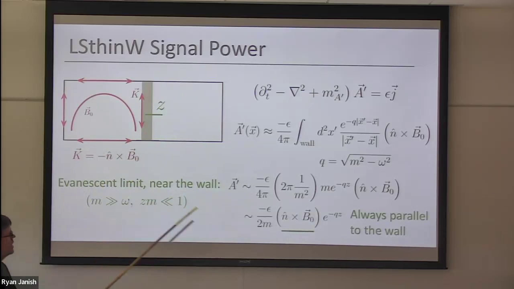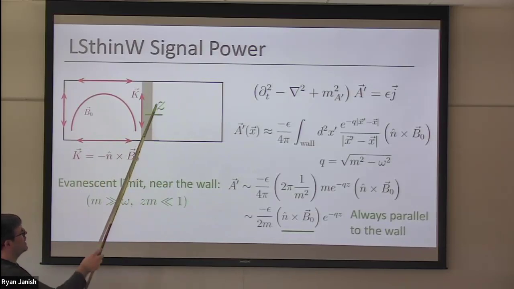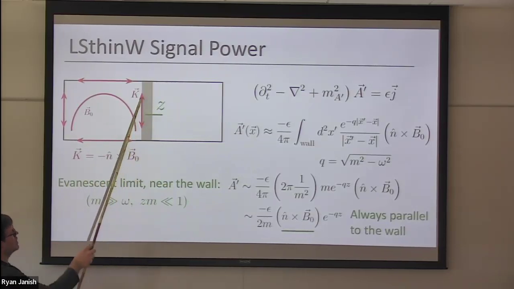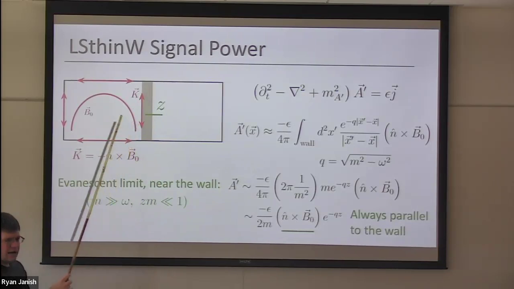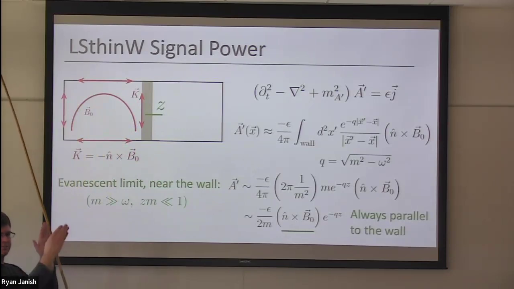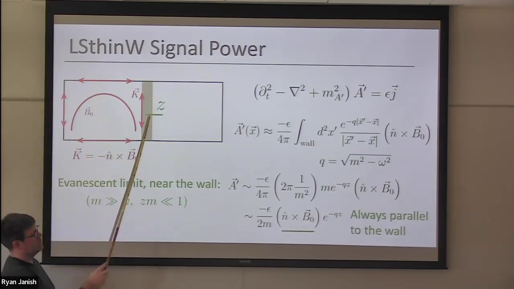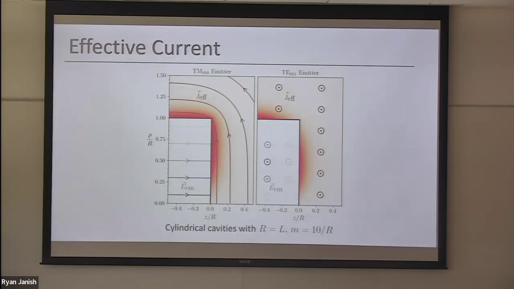And we get this nice result that the A prime field, and equivalently the effective current that lives over here, always tracks. It just mirrors the structure of the real honest to God electron current on the other side of the wall. So it has the exact same shape, same direction, and it always follows parallel to the surface, which is an important detail when it comes to actually designing this experiment.